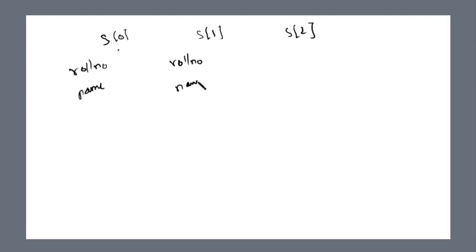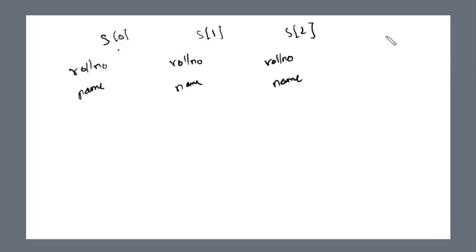We have created 3 instances, that is s of 0, s of 1 and s of 2, and we also said each one of these instances will have a copy of the elements that I have created. So it's roll number, name, roll number, name, and for the third instance also roll number, name.